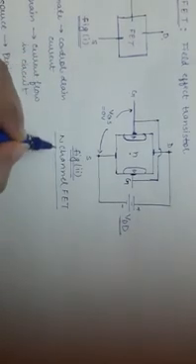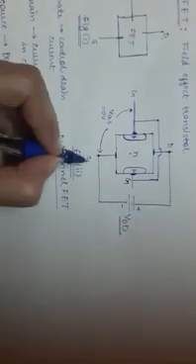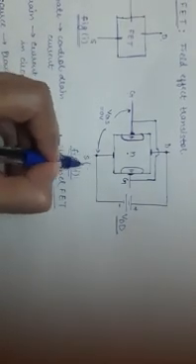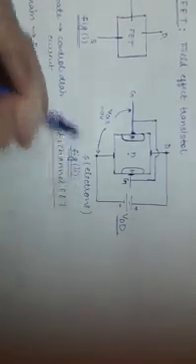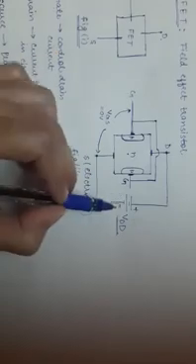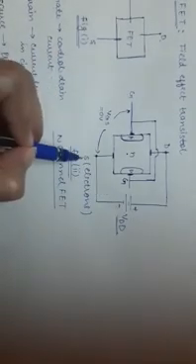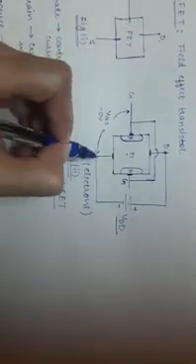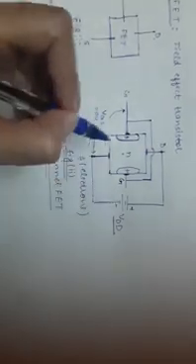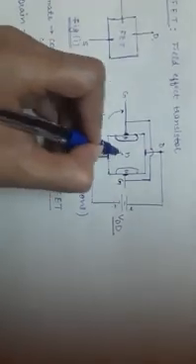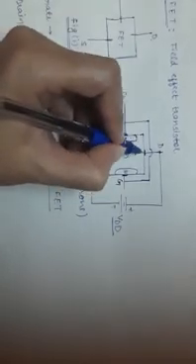In this n channel FET, the source provides electrons. These electrons are repelled by the negative terminal, and therefore they drift towards the drain terminal.